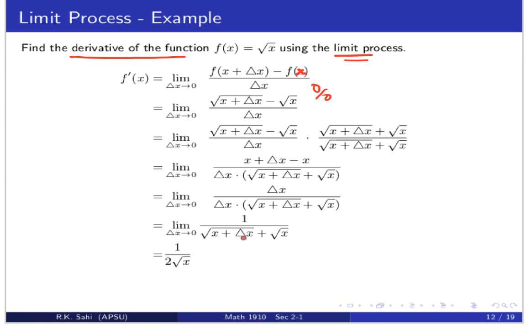It's direct substitution, if you remember. It's 1 over 2 root x. Now this is important: remember this x is going to be in the denominator and the limit has to exist, that means the function exists, so this x cannot be 0 here. Otherwise this will not work, remember.